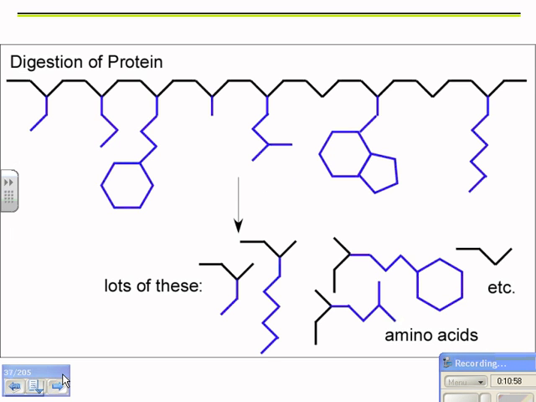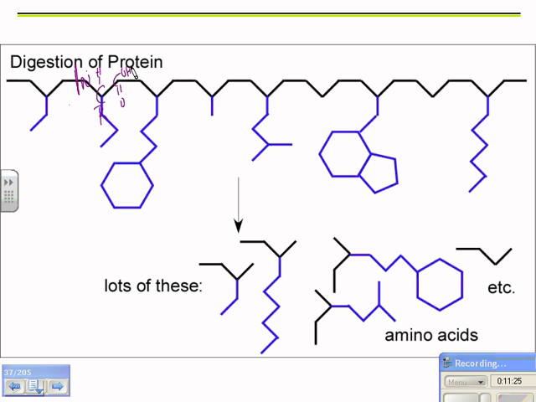Okay, here's protein digestion on a molecular level. If you remember this at all, here's carbon, here's the R group, here's an H sticking out of it, here's a carbon double bonded to O and OH, and this one would be a nitrogen group.